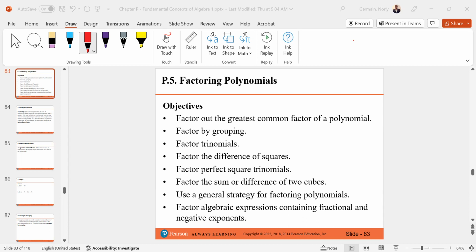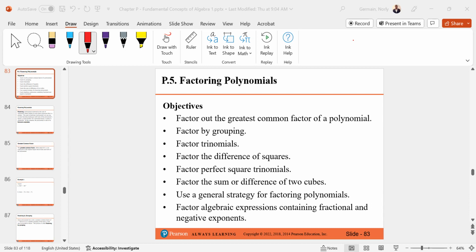In this video, we're going to continue with section 5, factoring polynomials. We are still in the same chapter, the prerequisites chapter, where we go over some fundamental concepts of algebra. In these sections, we're going to factor out the greatest common factor of polynomials. We're going to factor by grouping, which is a great technique.